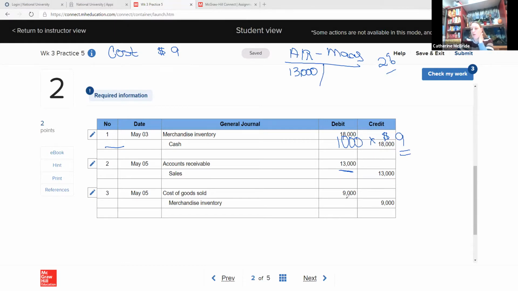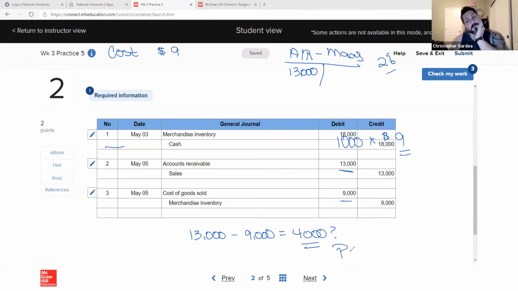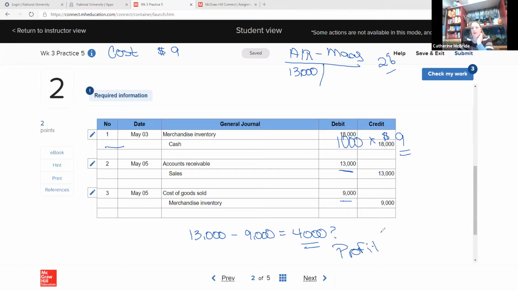And then our cost for those sales is $9,000. So we have the $13,000 sales revenue minus cost of sales of $9,000. So we have $4,000 left over. What does this $4,000 represent? Our markup or profit. Yep, that represents our profit. Perfect. Okay, that tells me you've got it so far.